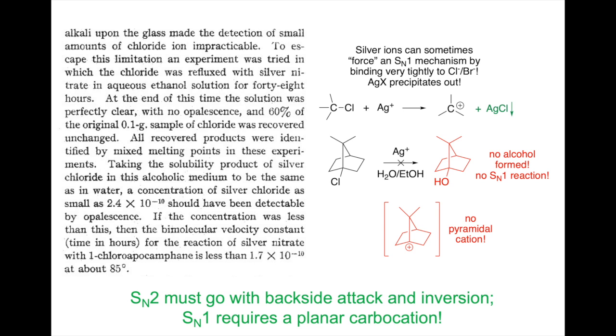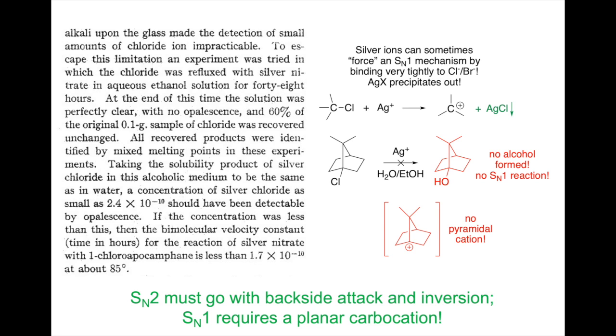But when we add silver nitrate to the solution, we don't see anything. They use the word opalescence in this paragraph. Basically, when a little tiny bit of silver chloride forms, it's so insoluble that the material gets cloudy, a special kind of shiny cloudy, like a pearl-handled pistol or something.